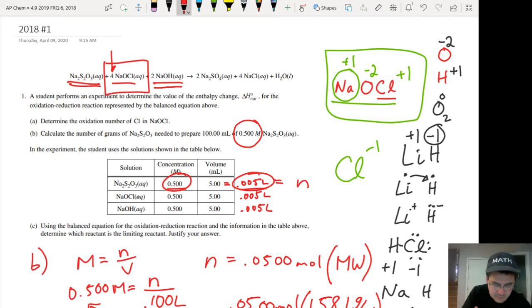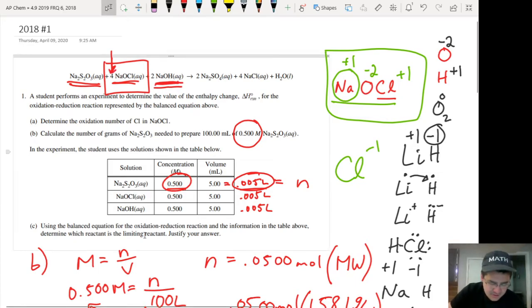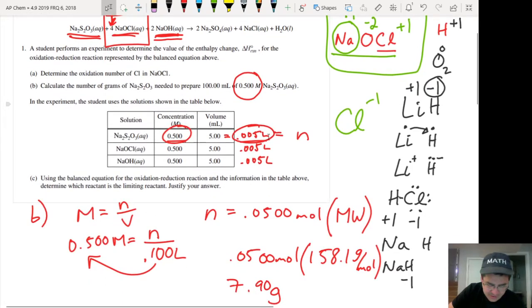So it's getting consumed half as fast as the NaOCl, but twice as fast as the Na2S2O3. The NaOCl is getting used up twice as fast as the NaOH, because of the 4 to 2 ratio. So instead of multiplying and doing all this, since the concentrations and volumes are equal, you would say NaOCl has to limit the reaction because of the biggest coefficient.